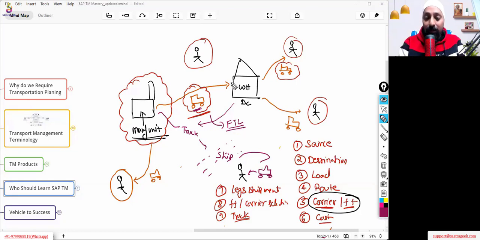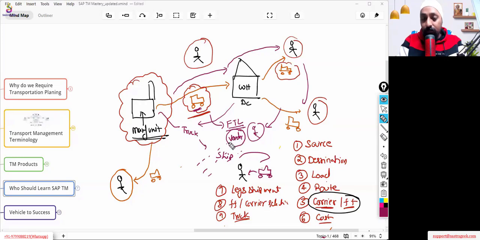Now, a truck coming here, coming empty here, you would be preferring, why not my truck come there, deliver to the warehouse, and then from there it is sent to this customer, then this customer, and let's say one more customer is here, send product to this customer, and here I have a vendor also who supplies me material.